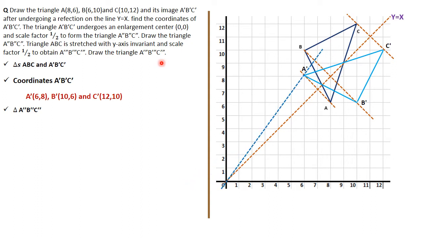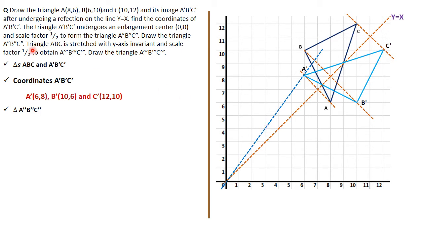Let me say this also regarding that part. Since we want to get the coordinates of, say, A double prime, and the scale factor is half, the center of enlargement is 0, we should normally draw a line from the object to the center of enlargement, that is A prime to the origin, and get the distance halfway along that, and halfway along that distance is where the point A double prime lies.